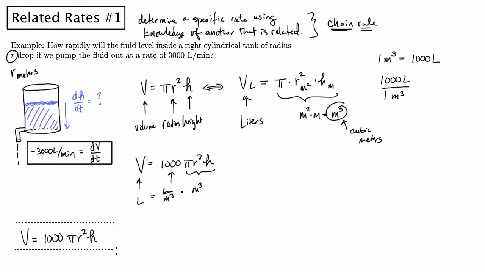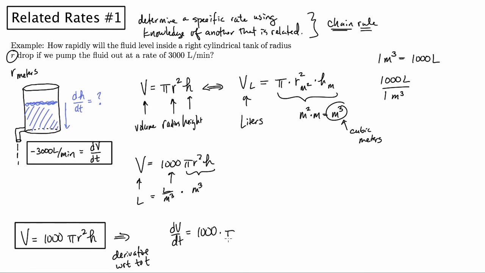And this is the formula that's going to allow us to relate dV/dt with dH/dt. So I'm going to have to take a derivative. If I take a derivative with respect to time, then the derivative of this becomes dV/dt equals 1,000 times pi r squared. r doesn't depend on time, but height does, so height becomes dH/dt.